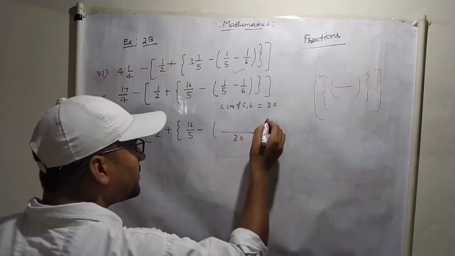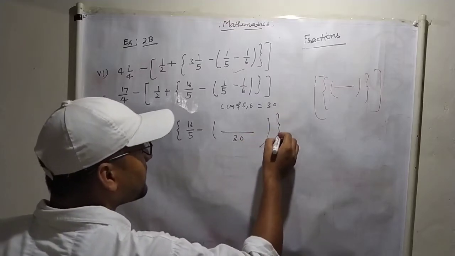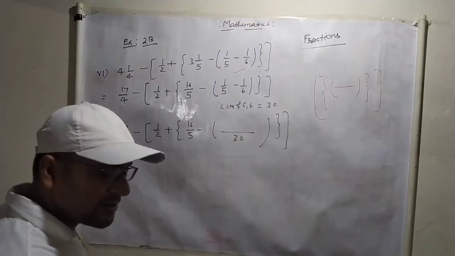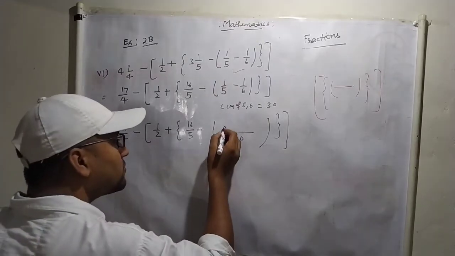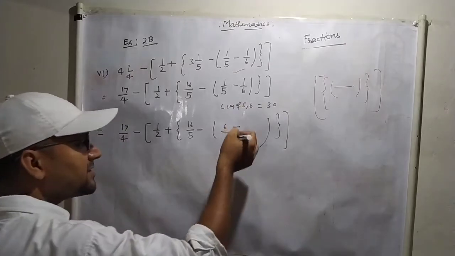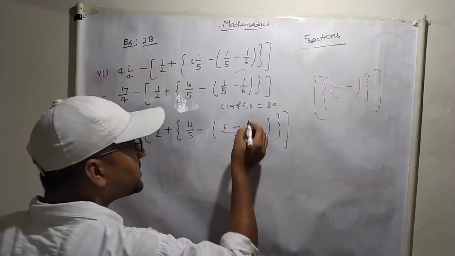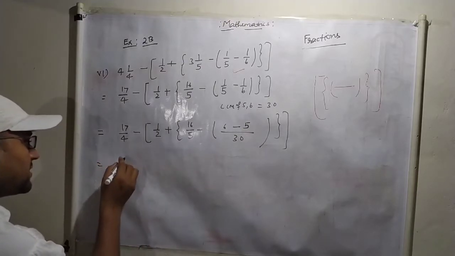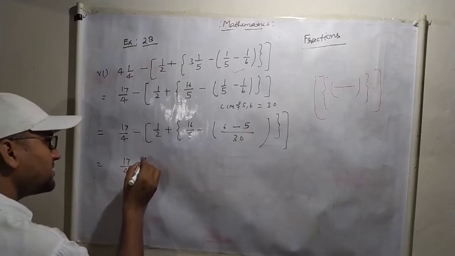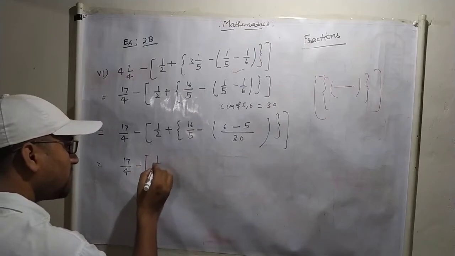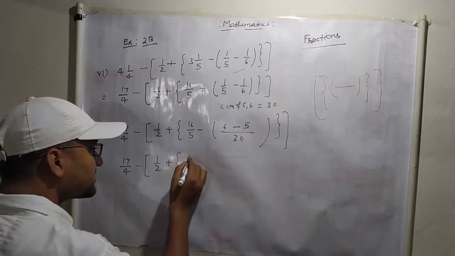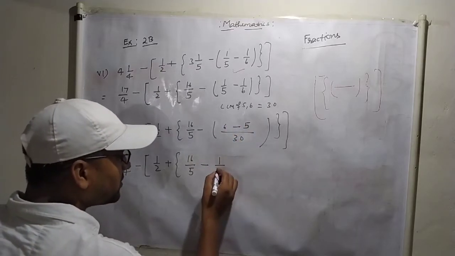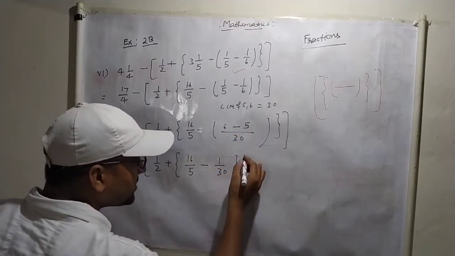So that common denominator is 30. 30 divided by 5 is 6, and 6 is multiplied into 1, so 6 minus. 30 divided by 6 is 5, and 5 is multiplied into 1, so you get 5. Then 17 upon 4 minus square bracket, 1 by 2 plus curly bracket, 16 upon 5 minus 6 minus 5, 1 upon 30.